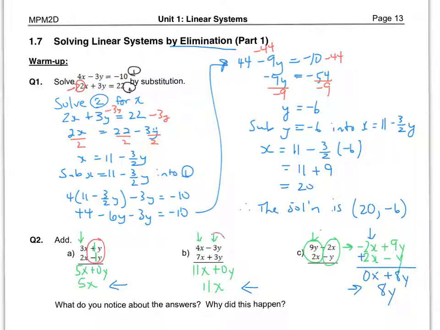I had a negative 3y and a plus 3y. Here I have a minus 2x and a plus 2x. This happens because my coefficients of one of the variables are opposites to each other. One's a plus 3, one's a minus 3, one's a plus 1, one's a minus 1, one's a minus 2, one's a plus 2. So that's what you want to answer in this section here.